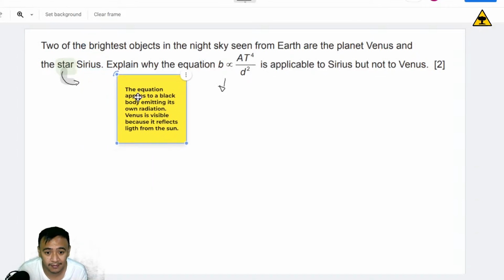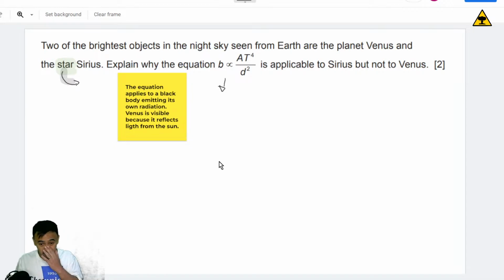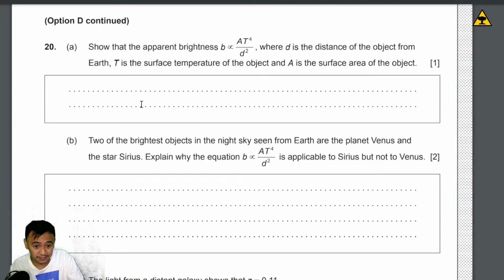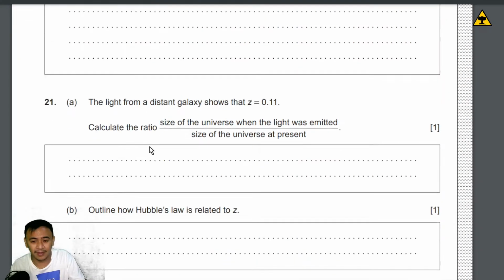Okay. Next. The light from a distant galaxy shows that Z is equal to 0.11. Calculate the size of the universe when the light was emitted to the size of the universe at present.